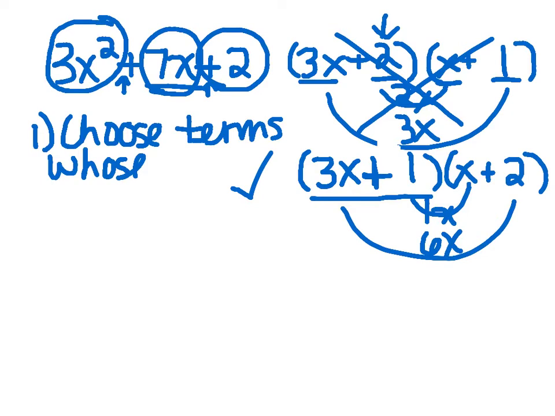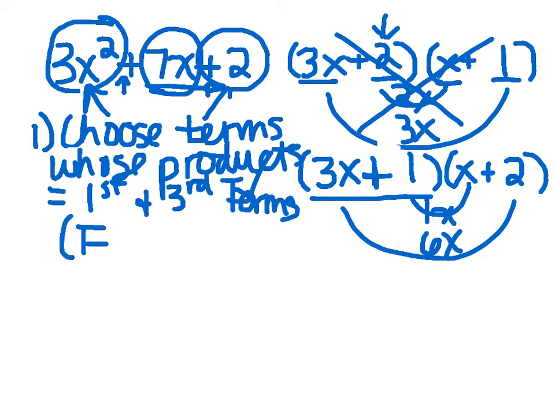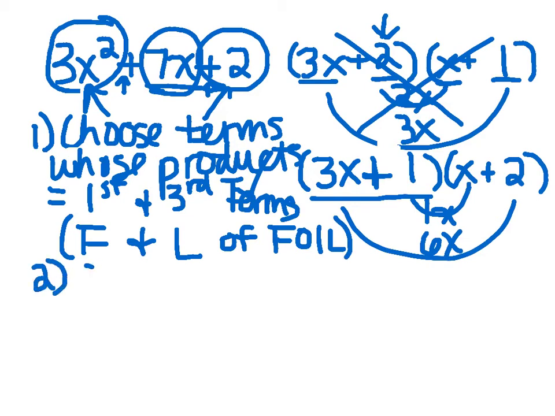What you want to do is choose terms that work for the first and the third. In the FOIL, this is the F and the L of FOIL. And now you need to guess. So that's your check. This is your guess.